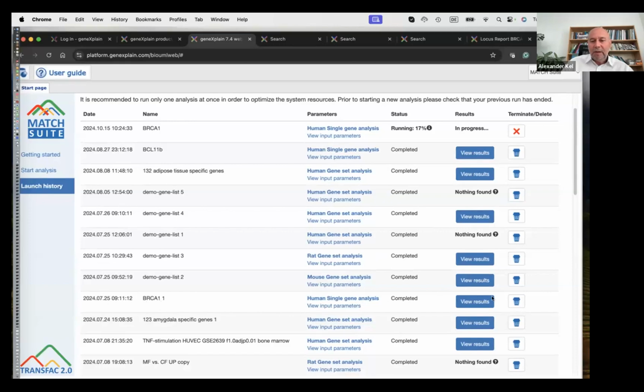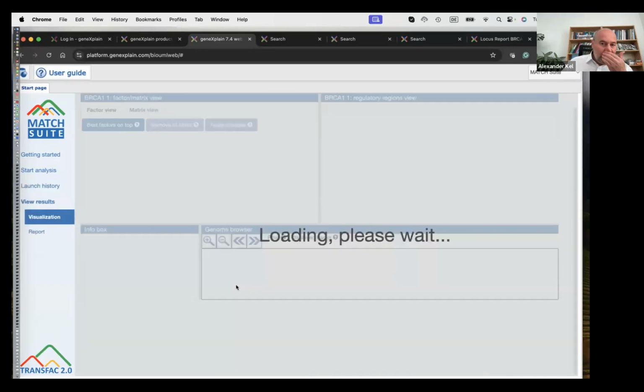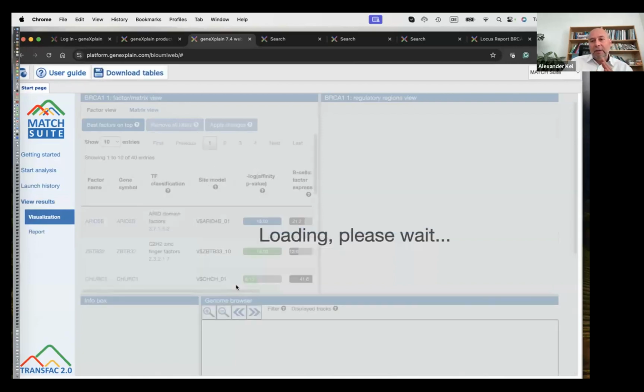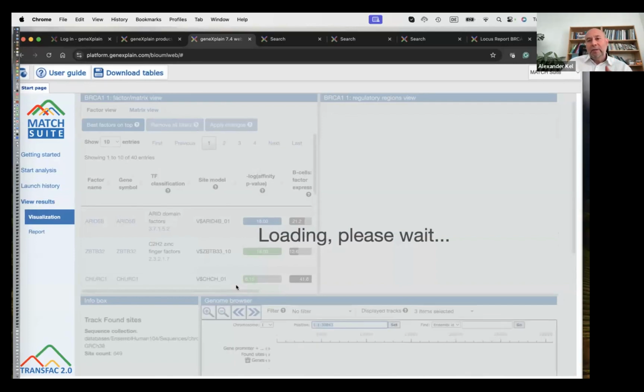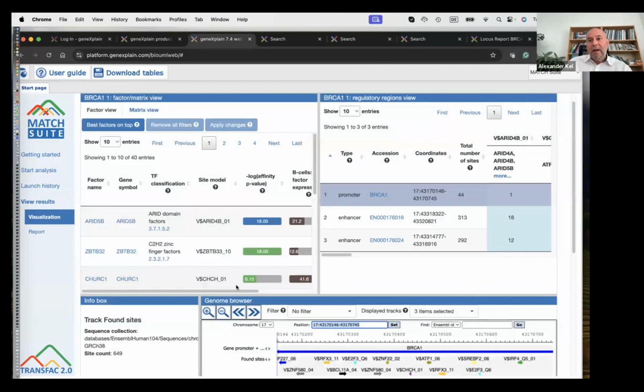This was already analyzed. We can simply click on view results and see what kind of information you can get there. So again, to repeat, initially the question was to check what is known information, which is documented in TRANSFAC. But now we are asking a question, what can be a prediction?